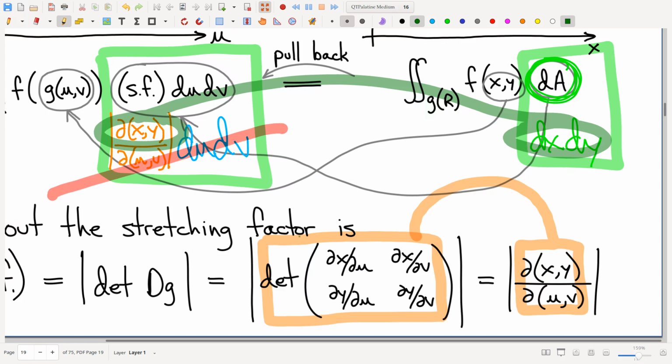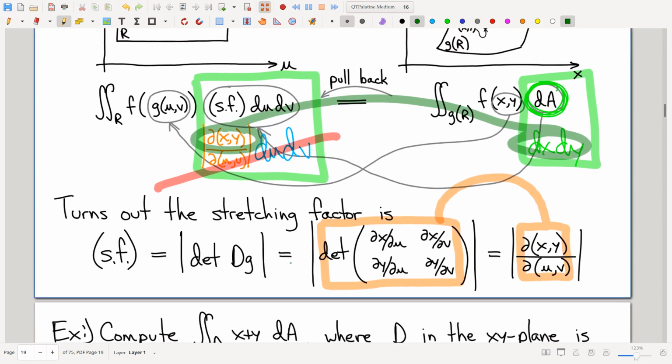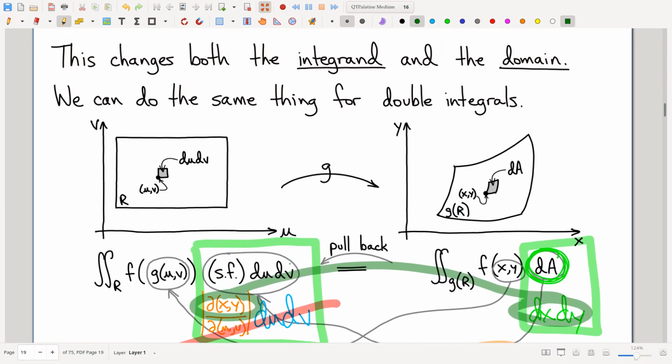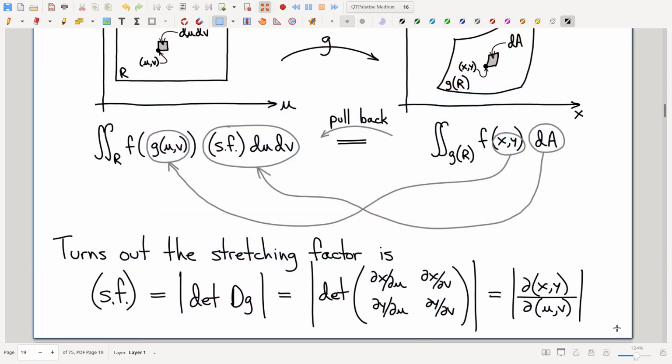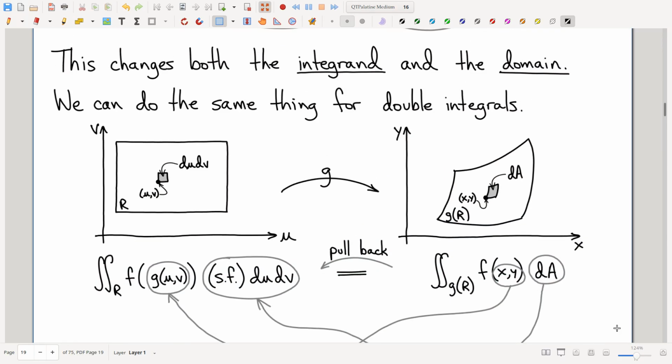Okay, let's do one. We've got a lot going on, right? We've talked about pullbacks and stretching factors and change of variables functions, and it's a lot to keep track of. Before we do the example, let me give you an ultra quick summary of what our process is going to be.